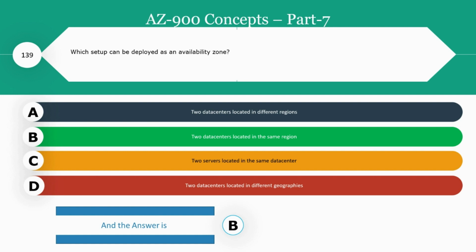The right answer for this question is option B. As we have seen already, two or more data centers form an availability zone. Here, these data centers are well connected together with a low latency network, and they will be close to each other. And so those availability zones are all co-located in the same region. That is the correct answer.